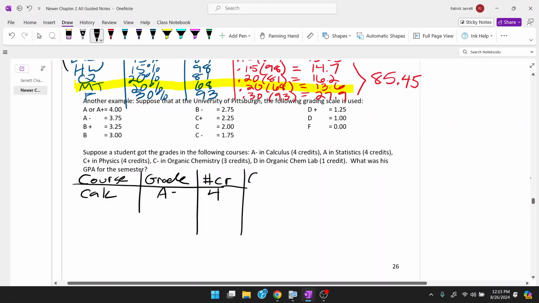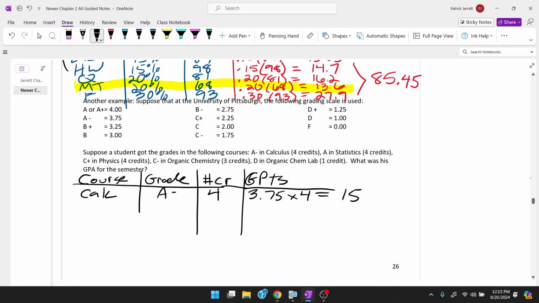So the grade points, or quality points, QPA and GPA, they mean the same thing. 3.75 times 4, which is 15. So you're going to find out what the total number of grade points is, and then you're going to divide by the number of credit hours. So you'll do that. Give you a couple of moments to.